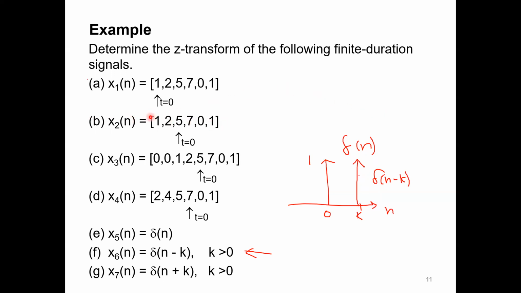This is the sequence, and I want you to calculate the Z transform and find out the region of convergence. I'll give you a couple of minutes. Let's take 2 minutes for that.